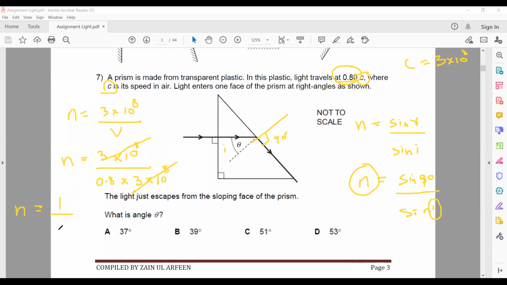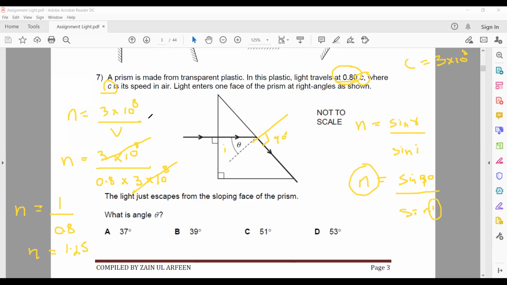Refractive index is 1 divided by 0.8. What is 1 divided by 0.8? 1.25. So the refractive index is 1.25.